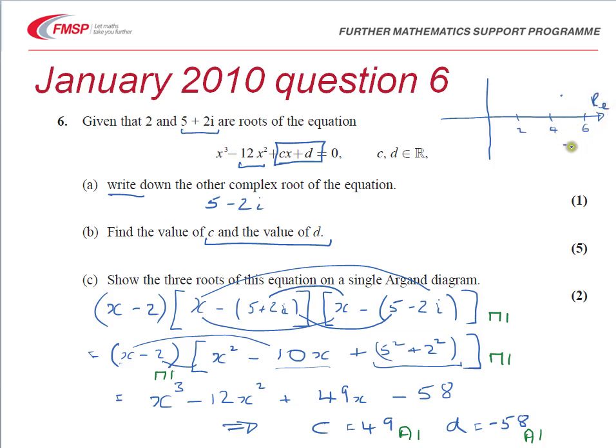Then we have 2 of the roots in that sort of fashion, and the third root is at 2, so there we are, our roots alpha, beta and gamma, and we should label this axis imaginary axis, and of course this value here is at 2 and this one at negative 2 on the imaginary axis. So that's a simple 2 marks for showing those with this, again, important feature that the conjugate pair have got reflective symmetry in the real axis.